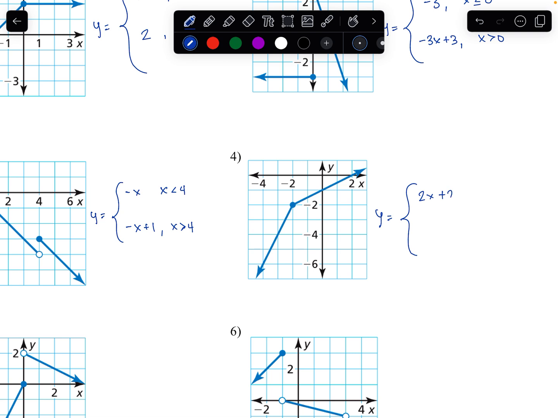So +2, and now these pieces are being joined together at x equals -2. So that's for x is less than or equal to -2. And the other function has a slope of up 1 over 2, so that has 1/2 x, and then we'll say -1 for its y-intercept, and so that's going to be for x is greater than -2.